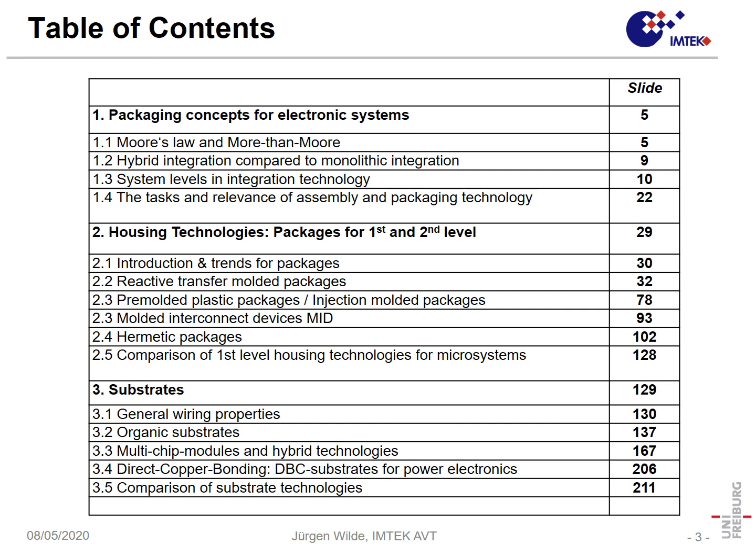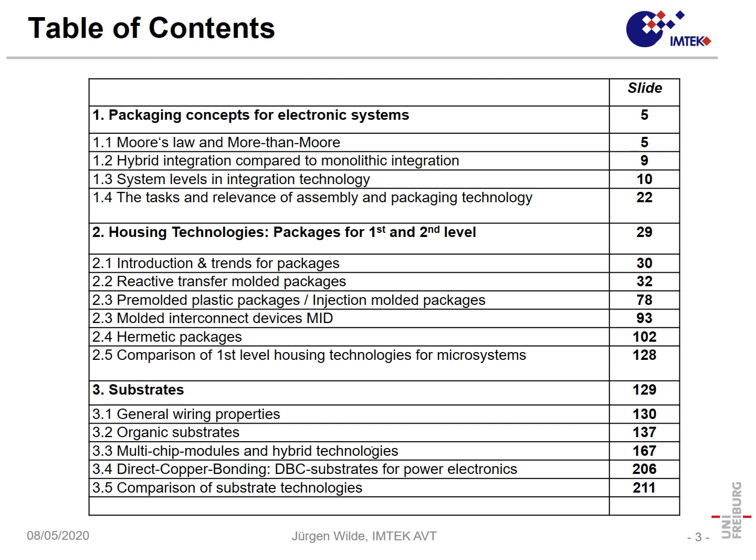Okay, in order to show you the table of contents of that lecture, first of all, we will start with the packaging concepts for electronic systems. To give you a certain overview, the next thing is we will explain the several levels of integration, so-called first level and second level.